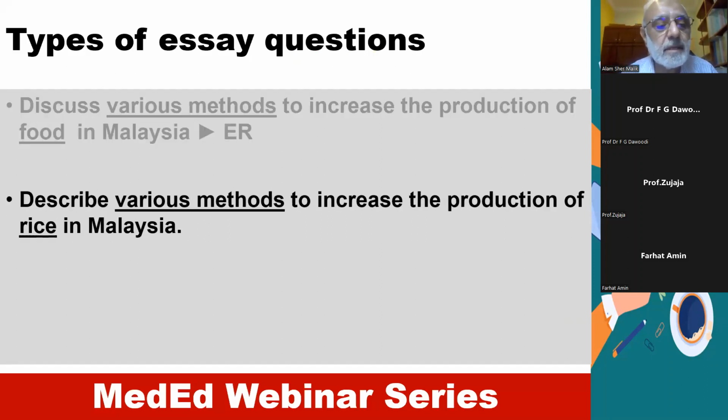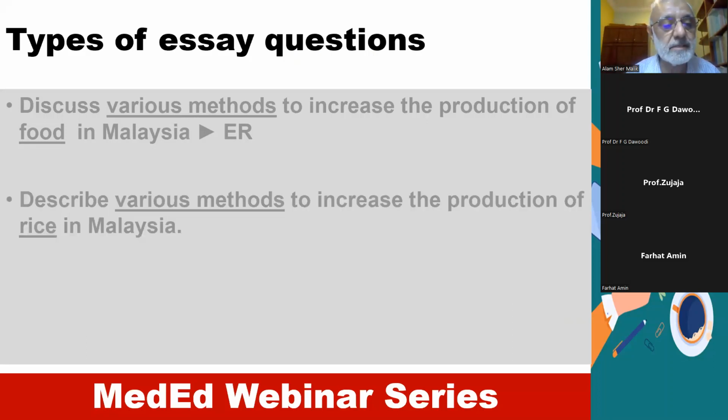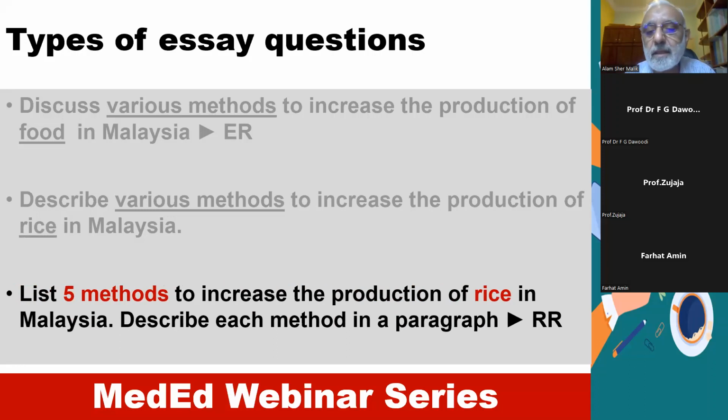Second stage, describe various methods to increase the production of rice in Malaysia. So here food has been specified as rice. And then the restricted response question would become, list 5 methods to increase the production of rice in Malaysia. Describe each method in a paragraph.